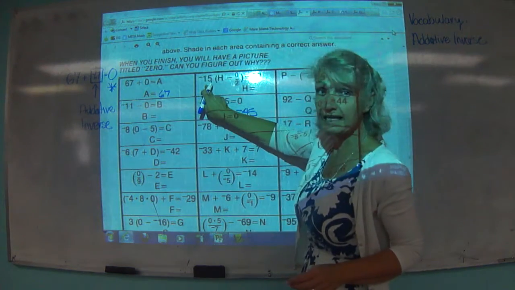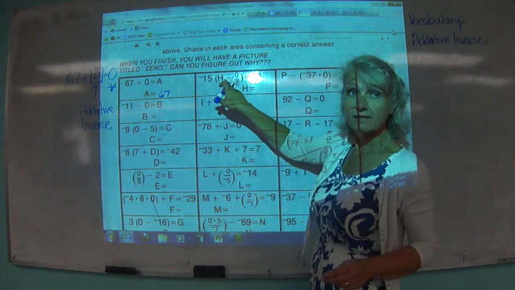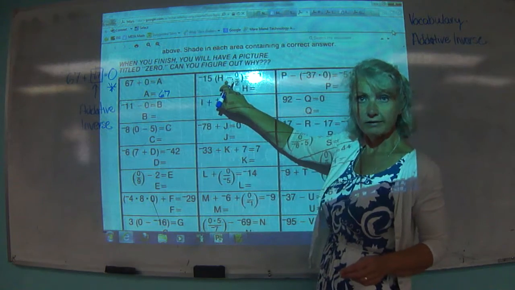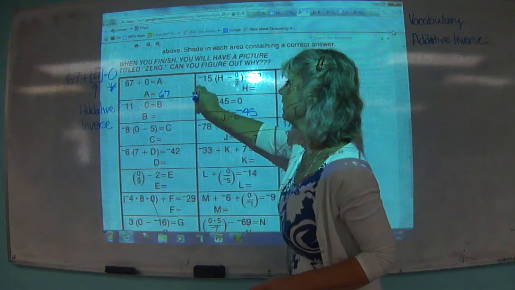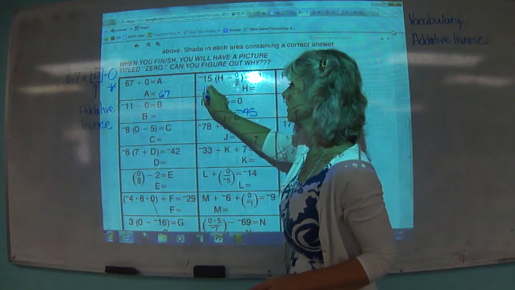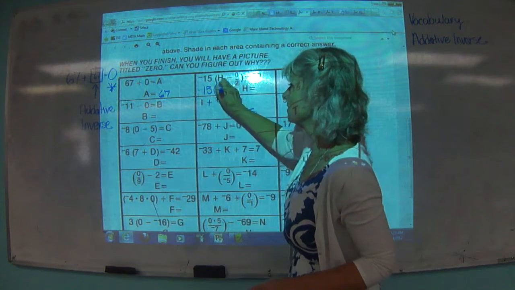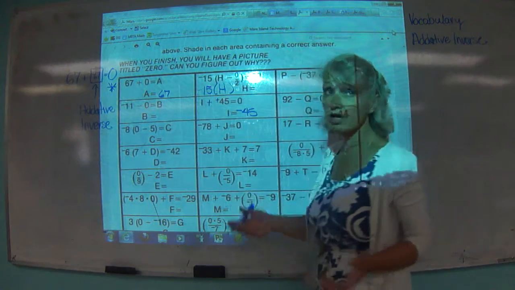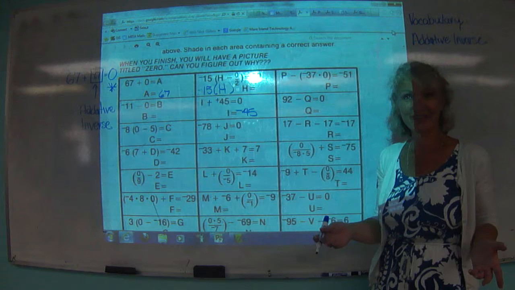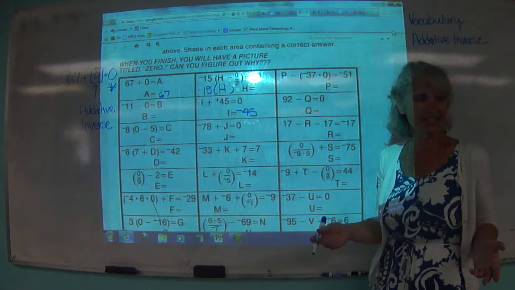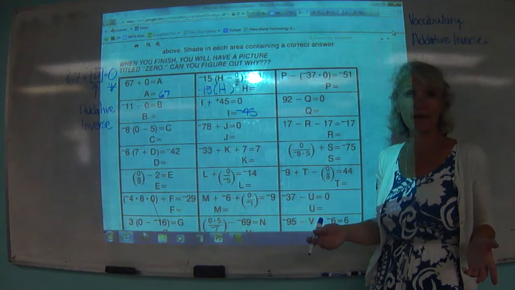Negative 15 times h, right? Because we're not going to subtract anything from it, are we? Because it's 0. In that situation, it's nothing and it doesn't have a whole lot of power, does it?